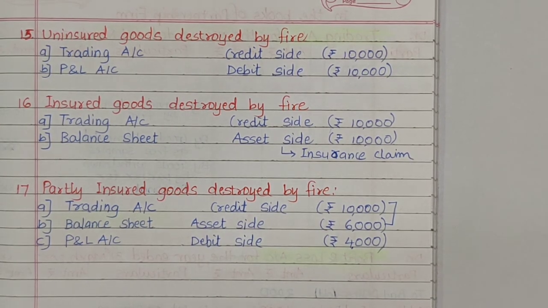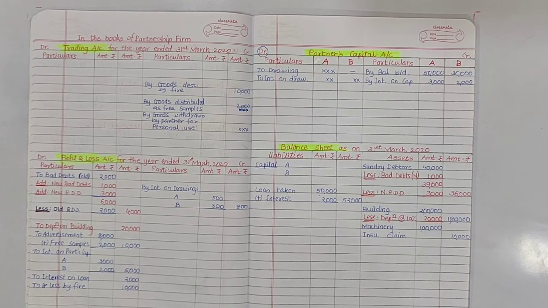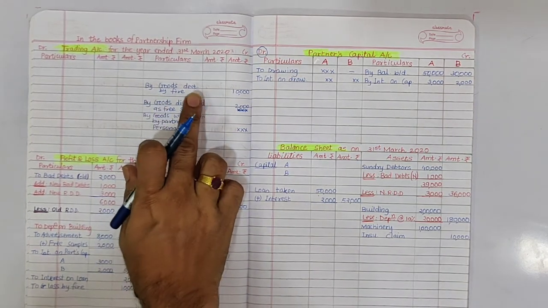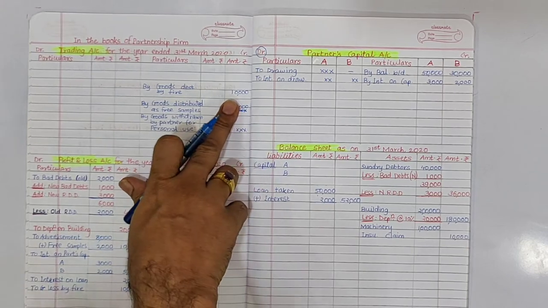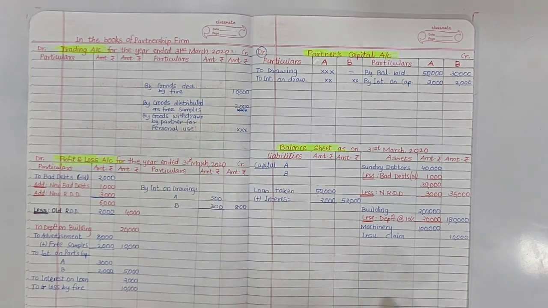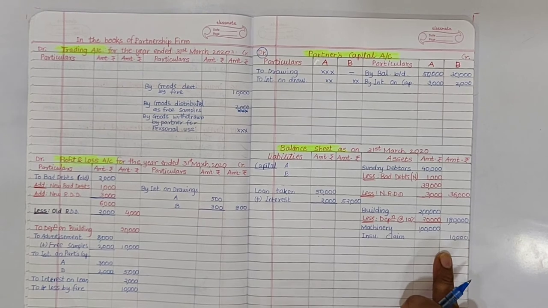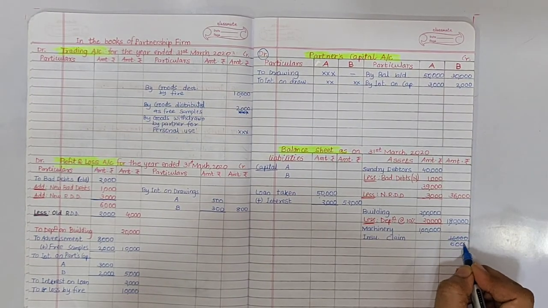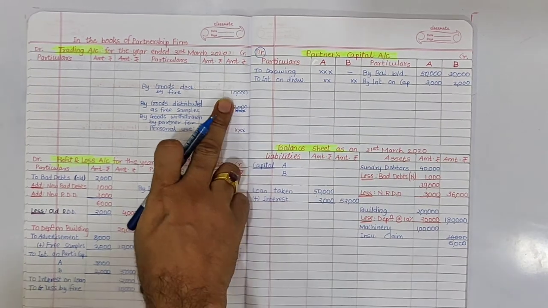Let us have a look at this adjustment. Partially or partly insured goods destroyed by fire. First effect, trading account credit side, by goods destroyed by fire, entire amount rupees 10,000. Second effect, balance sheet asset side, the claim amount in this example rupees 6,000 only. So out of 10,000 only 6,000 is to be recovered.